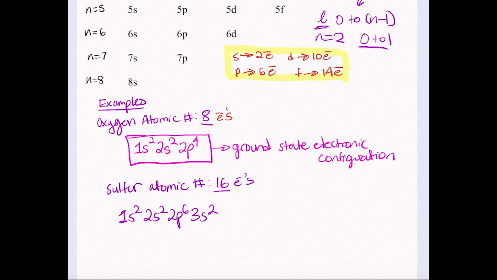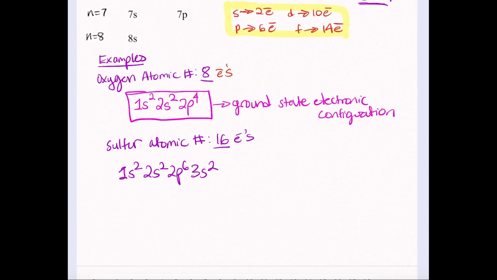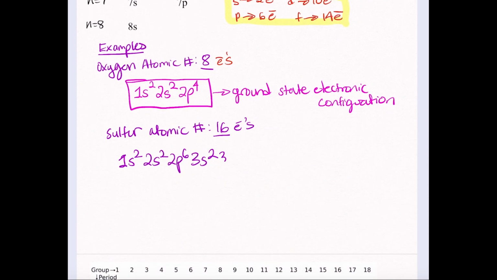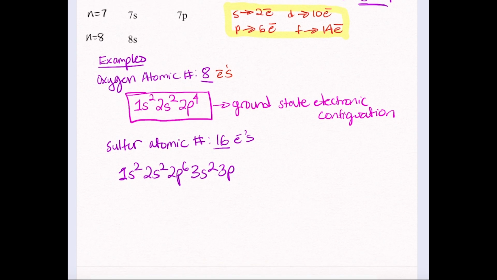So that means that we're going to go to the p orbital now. Now that we filled the 3s, we're going to go to the 3p orbital. So this 3p orbital will be filled. So what's remaining left? And we know that p orbitals can hold up to 6 electrons. So that being said, 2, 4, 6, 6, 6 is 12, so this is going to fill up to 4 electrons.